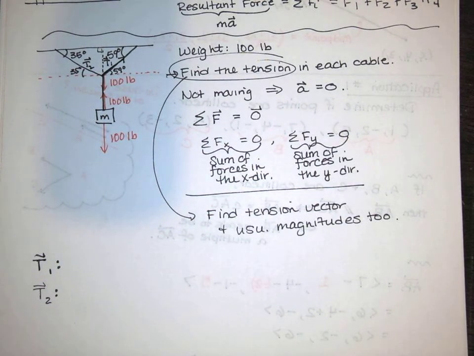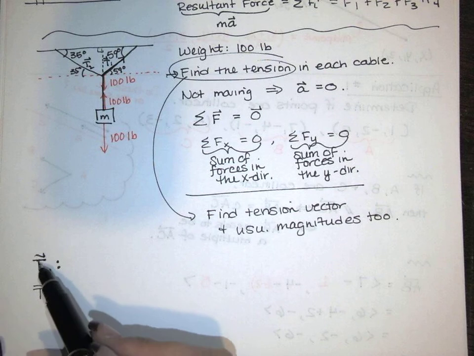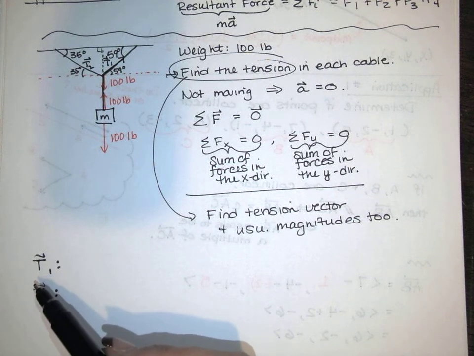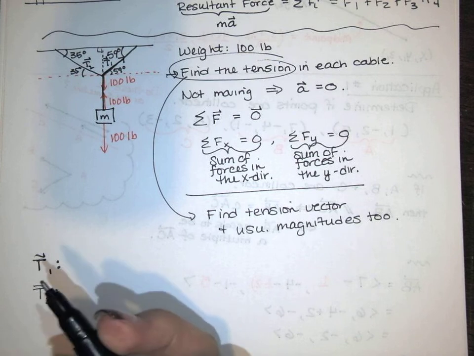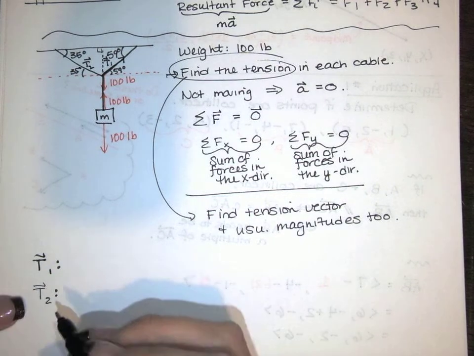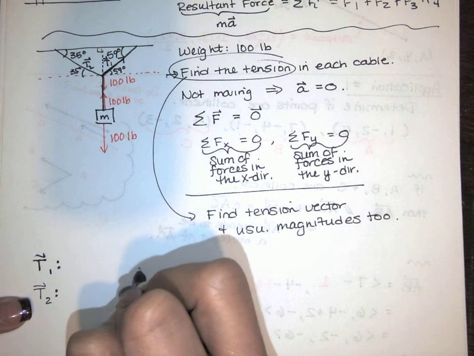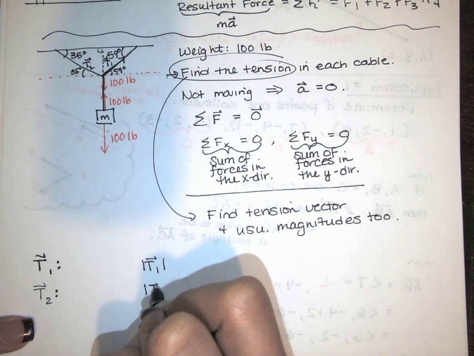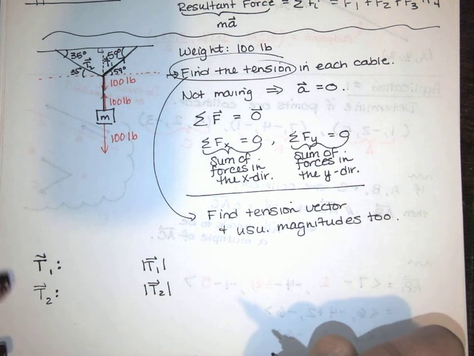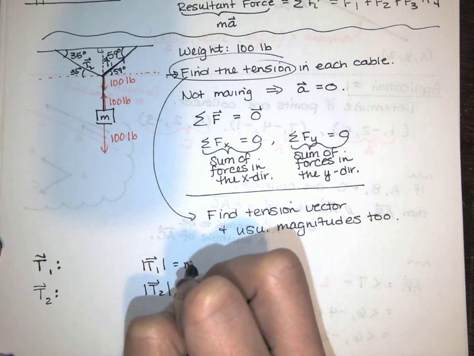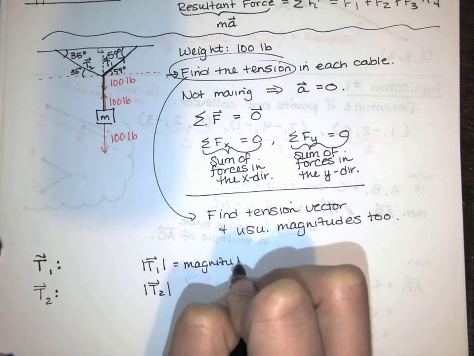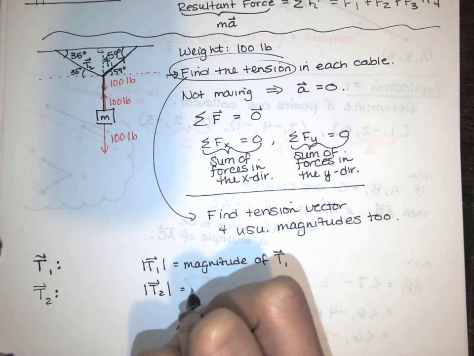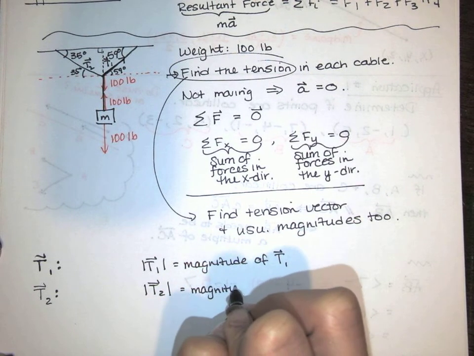Because I am in Calculus 3, rather than just using T sub 1 without an arrow over it to indicate the magnitude of the tension, I'm going to use that magnitude notation. This is the magnitude of T1. I know it's overkill in the notation, guys. I know if you've taken physics, you're like, there's a much easier way to write this. I know. But we're in Calc 3 and we're getting used to this new notation, so we're going to keep using it here.